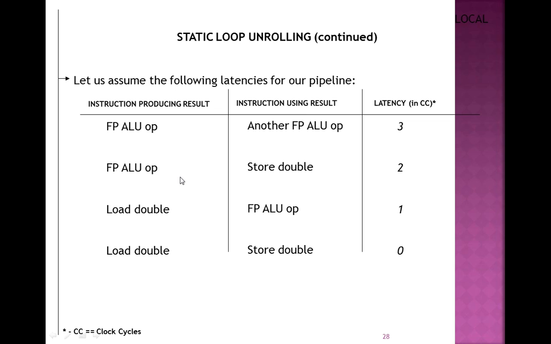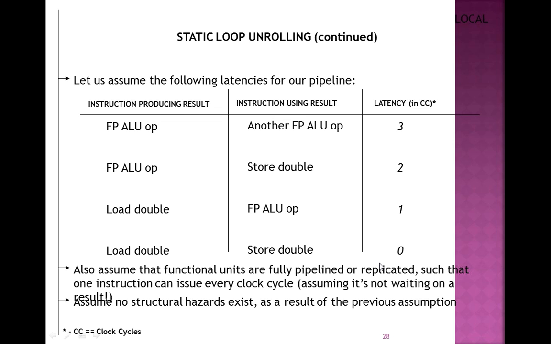FP ALU operation to store double: the instruction producing the result and the instruction using the result, where CC is the clock cycle, has latency 2. Load double to FP ALU operation is 1. Load double to store double is 0.